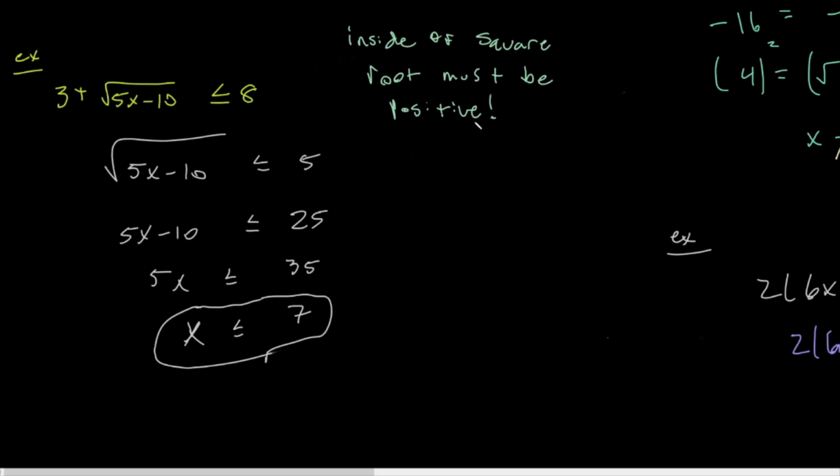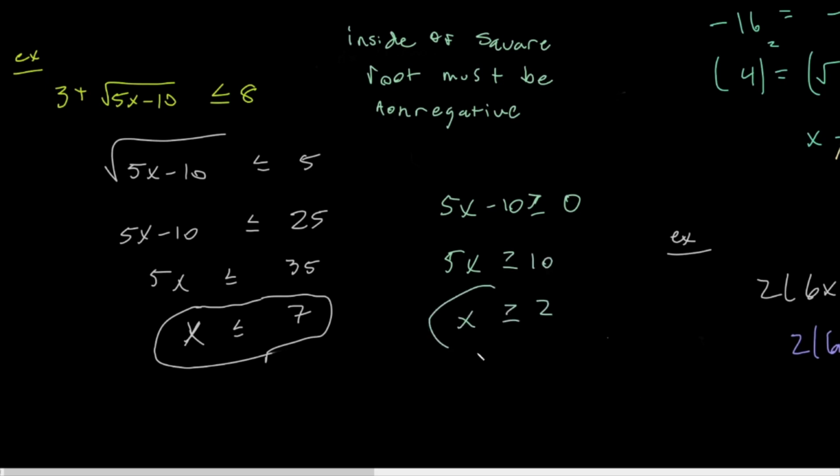It can be 0. That's fine. Square root of 0 exists, so we actually say non-negative. So I will say 5x minus 10 must never be negative, and I'll solve this other inequality. So 5x greater than or equal to 10, x greater than or equal to 2.